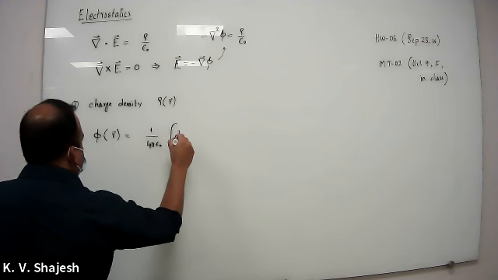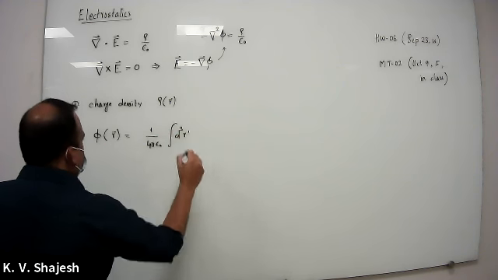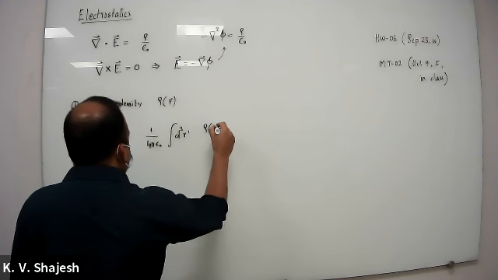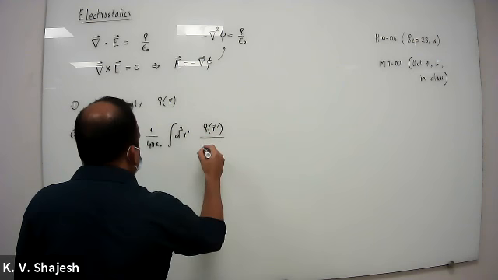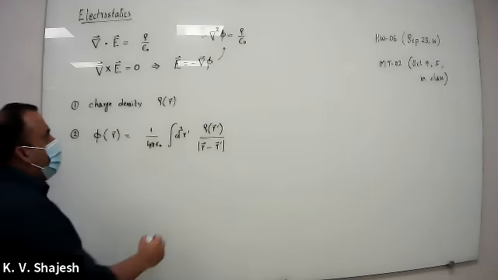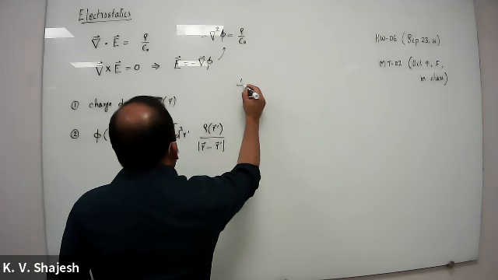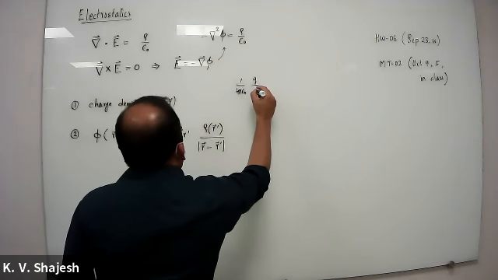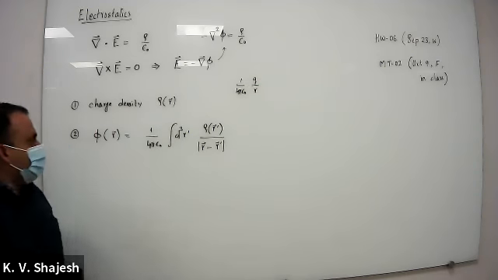This is the integral form of that superposition principle. Remember for a point charge we have 1 over 4 pi epsilon naught, Q over R, as the electric potential.